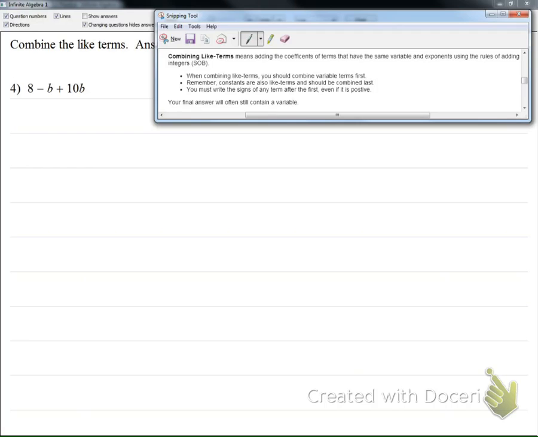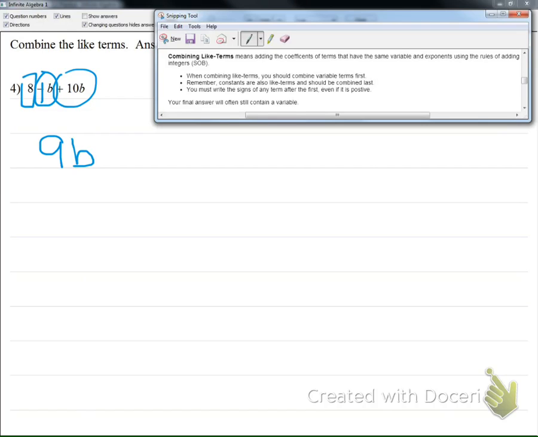So when you're combining like terms, you first combine your variable terms, the negative b and the positive 10b. Well, that negative b, what's the coefficient of that b? There should be a 1 there, so it's a negative 1. Negative 1 and positive 10 equals positive 9. Positive 9 what? b. Don't forget your variable when you combine variable terms.